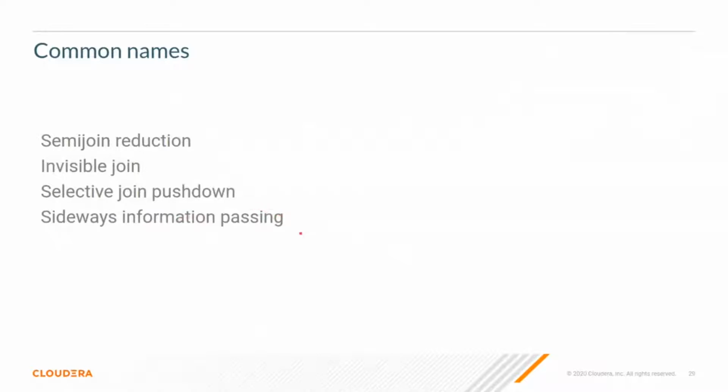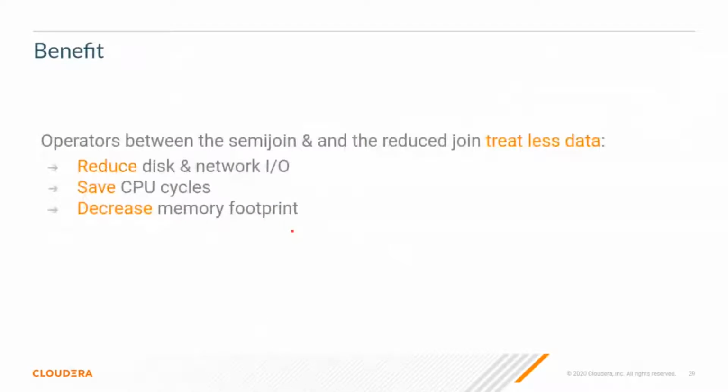No matter what you call it, the behavior is the same. Between the semi-join and the reduced join, all the operators will treat less data. And as a result, we will have less network and disk I/O, we will gain CPU cycles, and we will decrease the memory footprint.